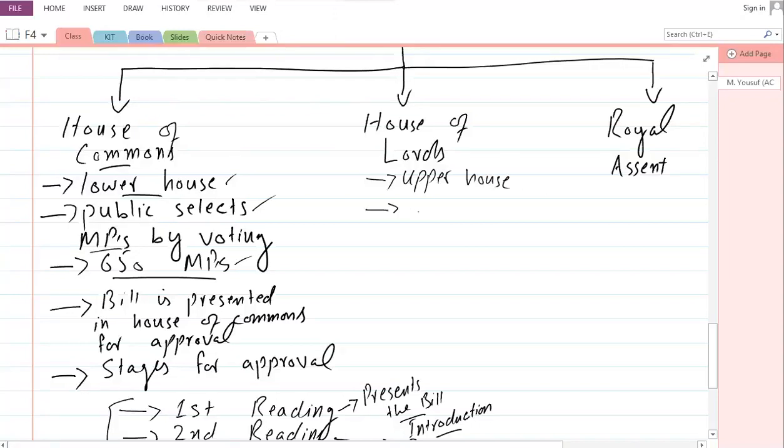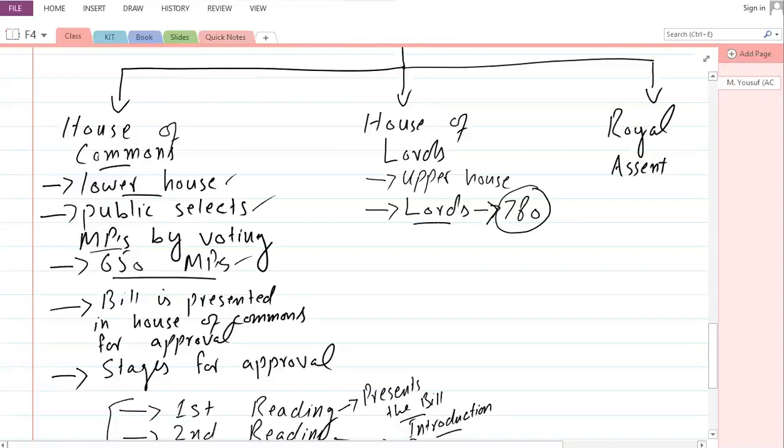And who are the members of the House of Lords? They are called Lords. There are a total of 780 Lords present in the House of Lords.